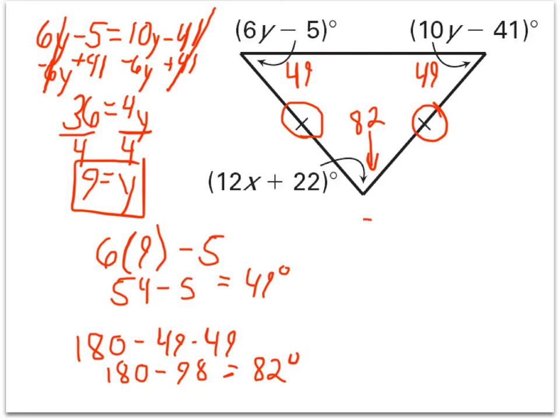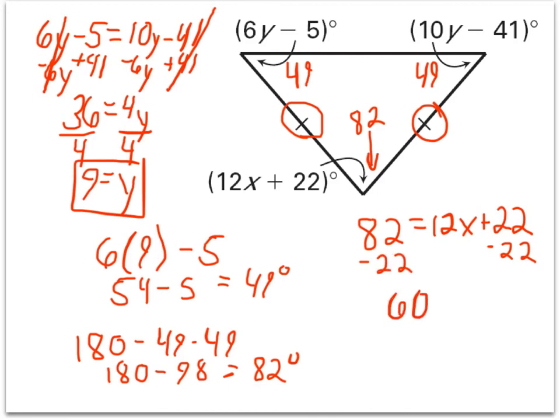So we can set 82 equal to 12x plus 22 to solve for x. Subtract 22 from both sides, and we're left with 60 is equal to 12x. Divide both sides by 12, and x is equal to 5.